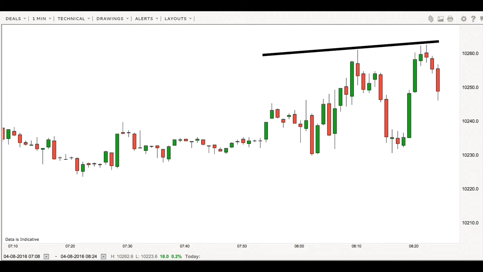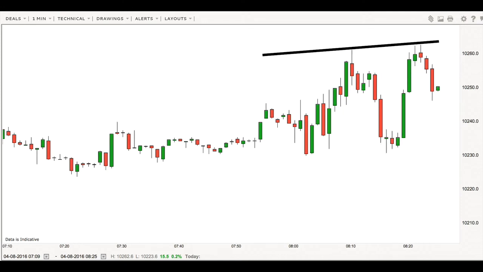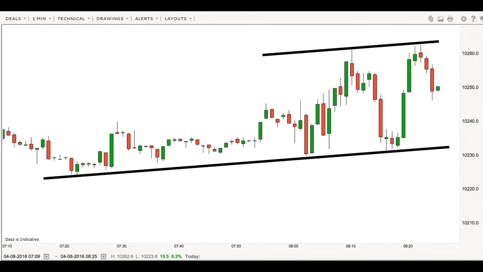Okay, so what we've got here is two peaks that we can draw a line across, and two troughs that we can draw a line across as well. Experienced traders will all have those lines drawn onto their charts.